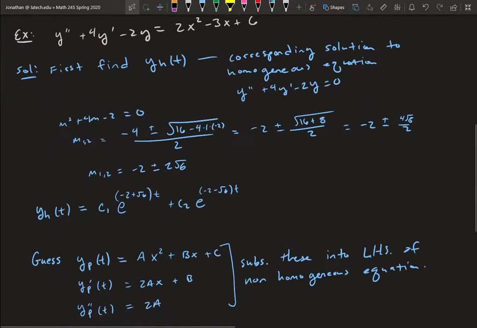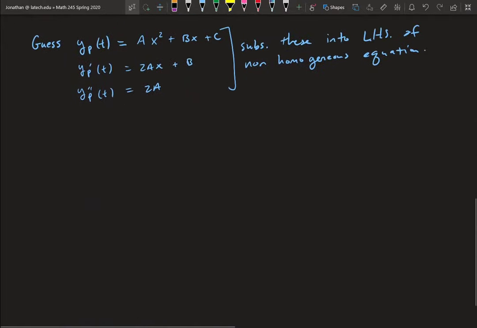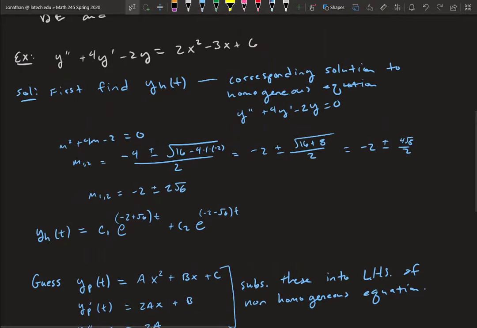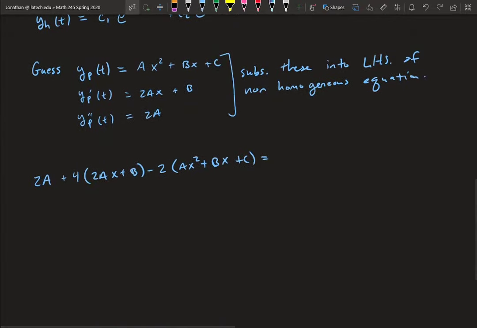So y double prime plus 4y prime minus 2y. So 2a plus 4 times 2ax plus b minus 2 times ax squared plus bx plus c equals 2x squared minus 3x plus 6.